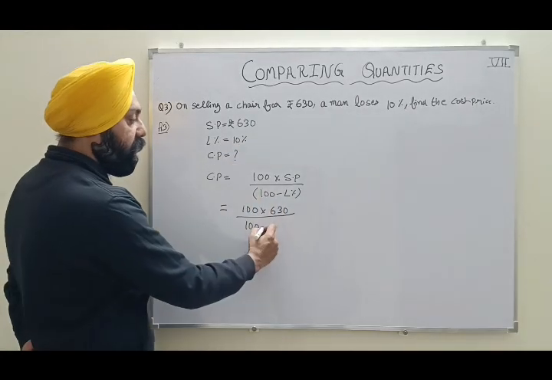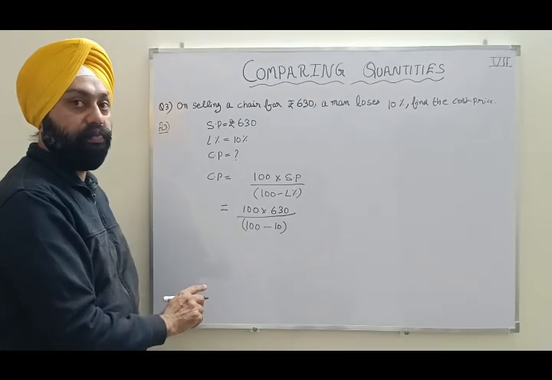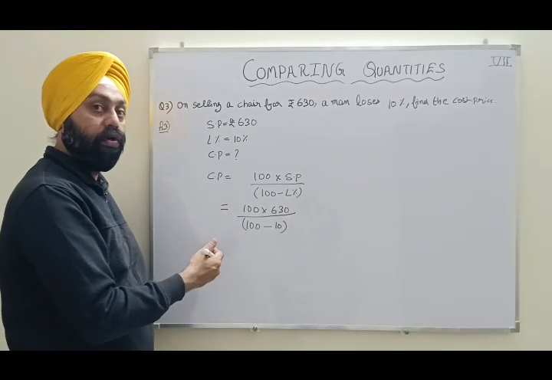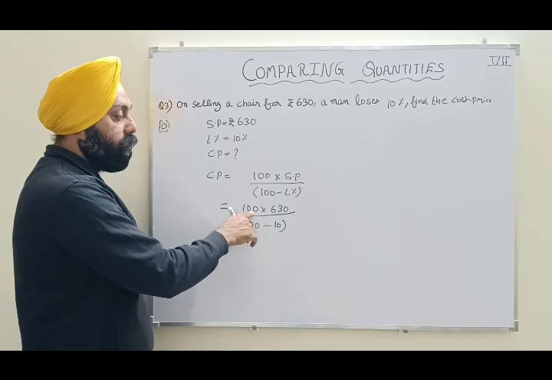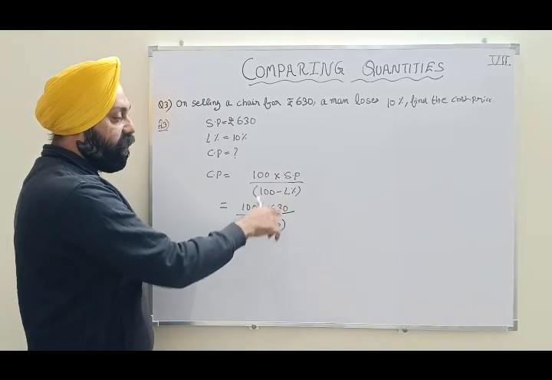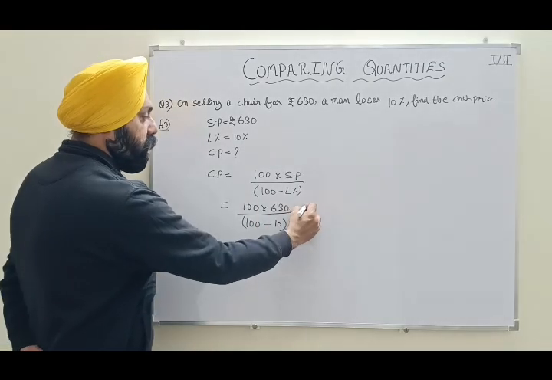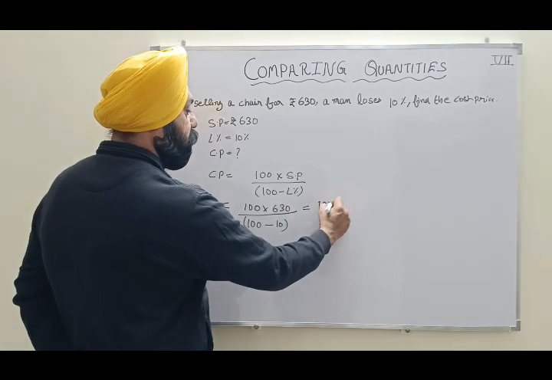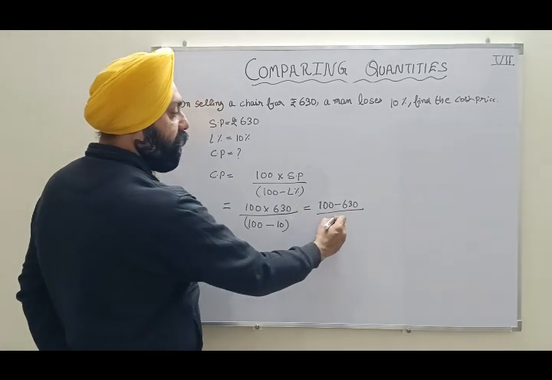So we will write 100 minus 10. We will not write 10%, because for that percent again you have to remove it by putting a 100, but that 100 has already been included in this formula. So that is why we will just put the number, not the percentage. So here you can see that 100 minus 10 will give 90.